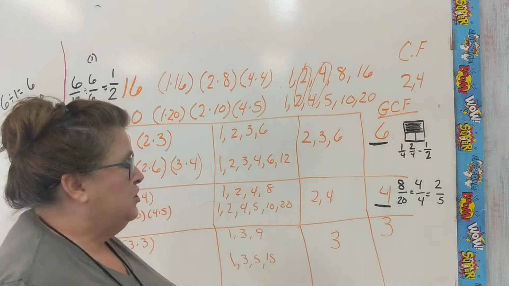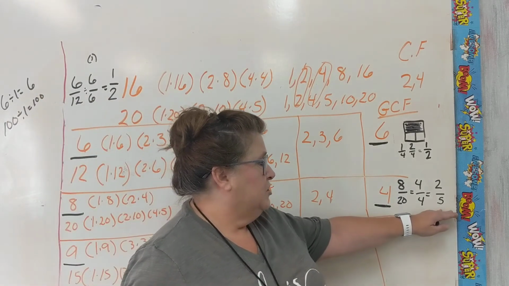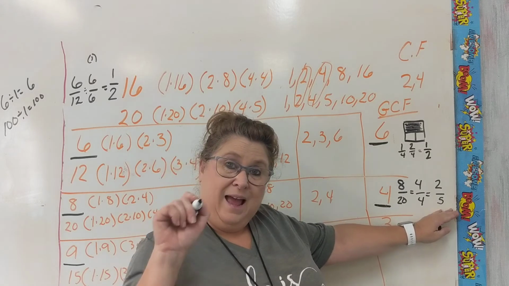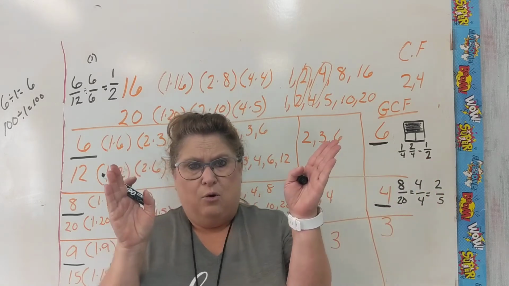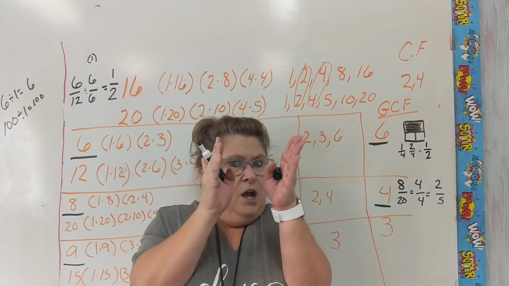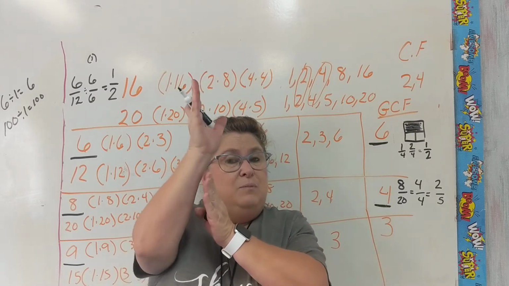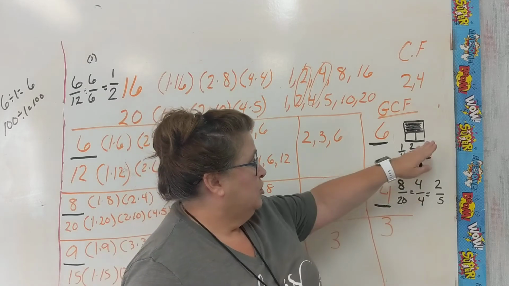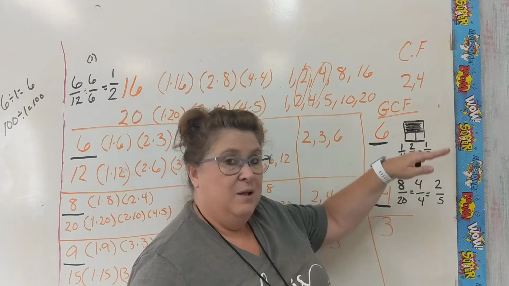And we just reduced 8/20 to 2/5. It equals the same thing. If you were to have the exact shape drawn out and divide it up and colored in those exact parts, it would be the exact same amount colored when it was all done, just like in 2/4 and 1/2.